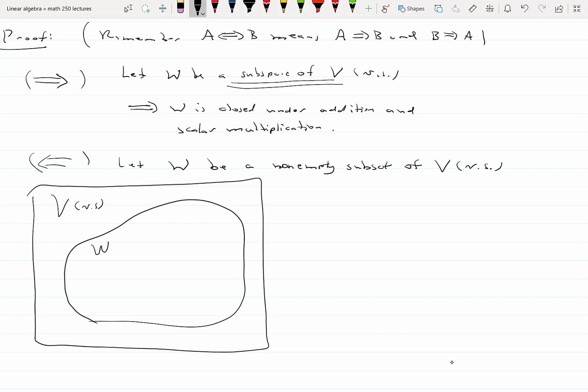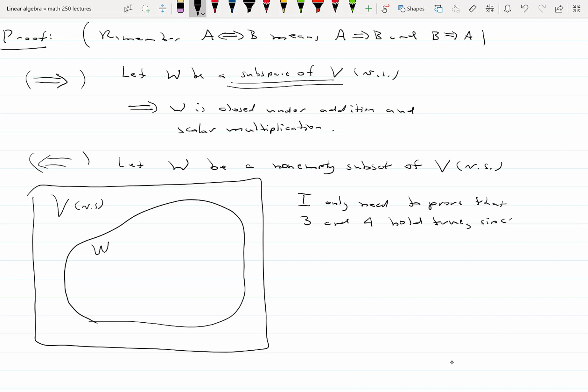W is in fact a subspace of V. Okay, so I only need to prove that 3 and 4 hold true.